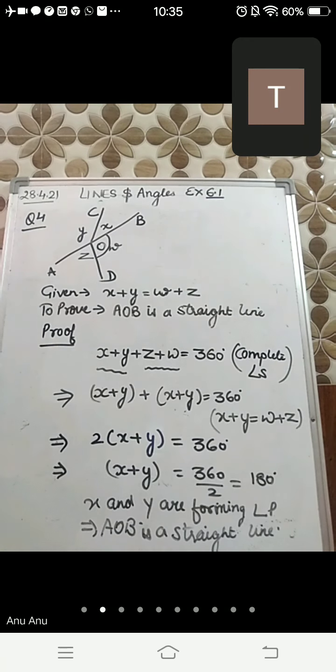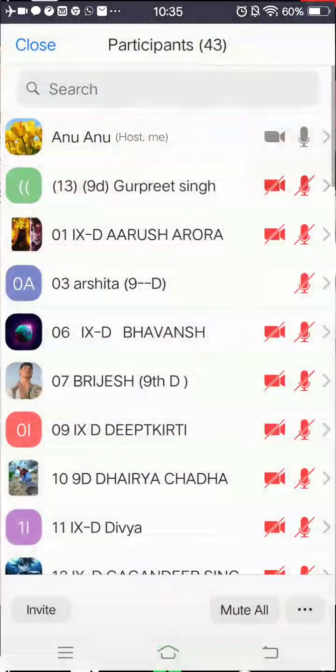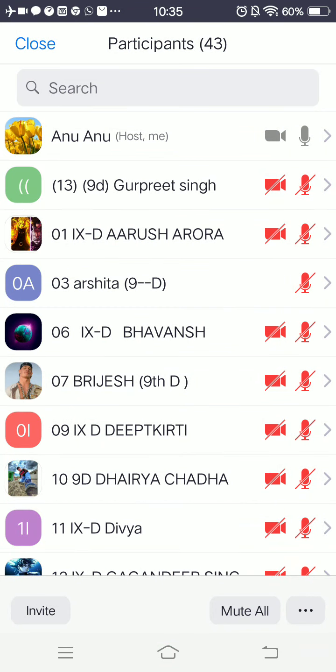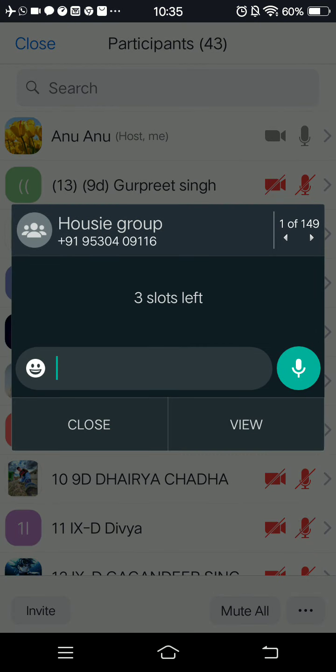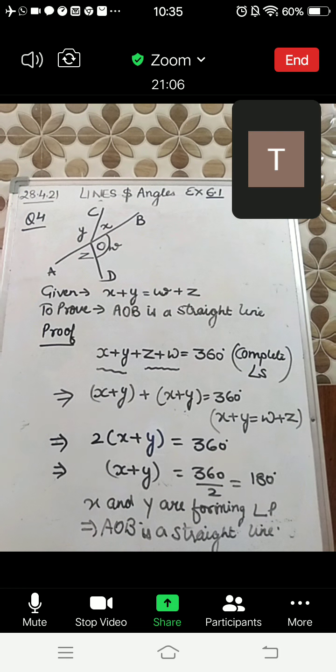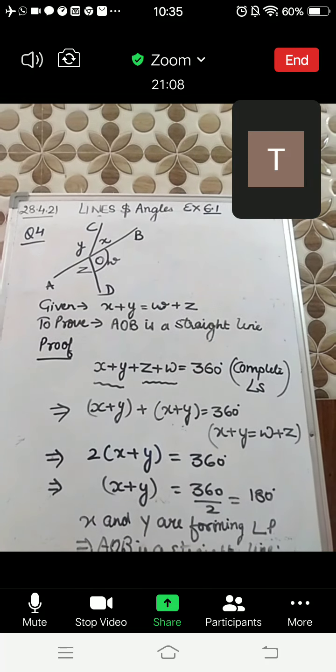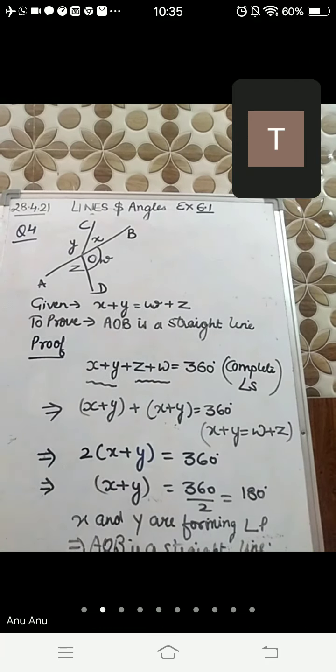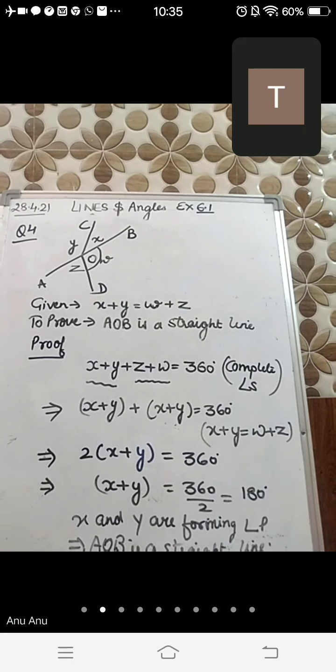Take a screenshot, beta. Done? Is it okay? Any doubt, beta?